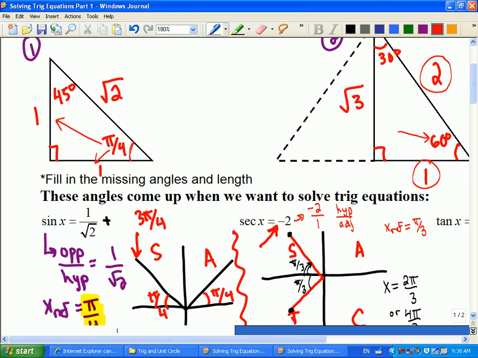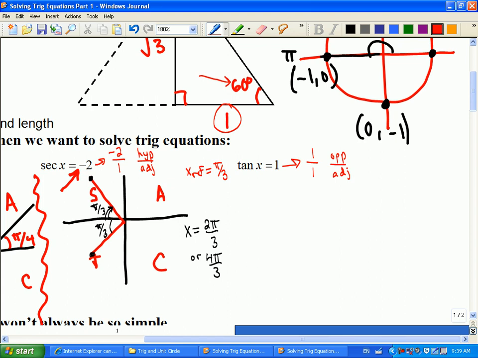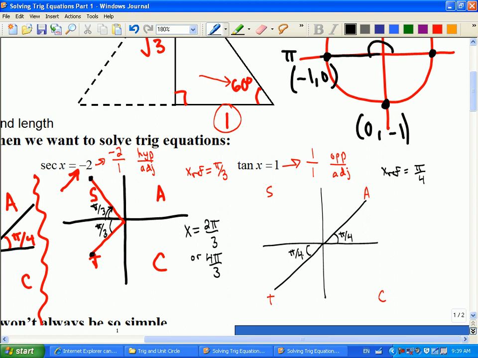So the angle I'm talking about is still the pi over 4 one. So tangent's positive here and here. My reference angle is pi over 4. So that's pi over 4 in here, and pi over 4 in here.